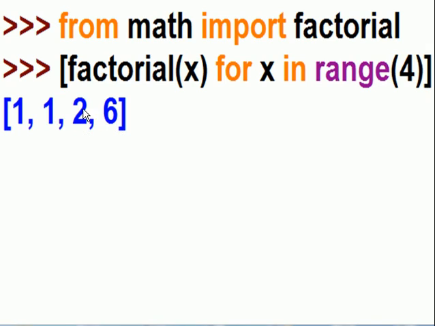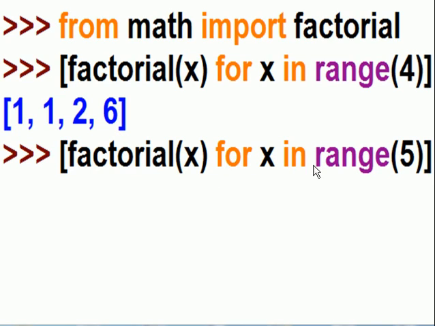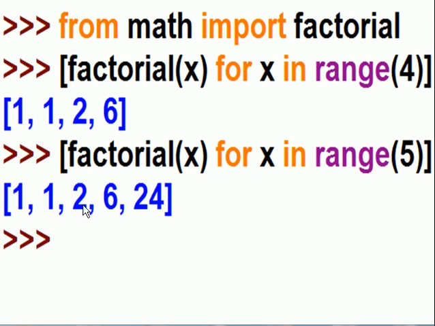For 3, 3 times 2, that's 6 times 1, times 1, that's 6. Now, for every X in the range 5, that's 0, 1, 2, 3, 4, show me factorial X. So I'll see 1, 1, 2, 6 again, but the next one is 4. 4 times 3 is 12, times 2 is 24, times 1 is 24.